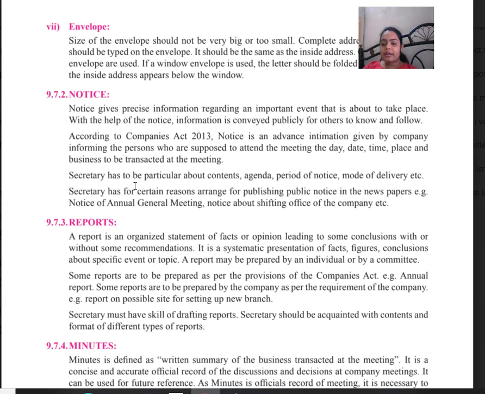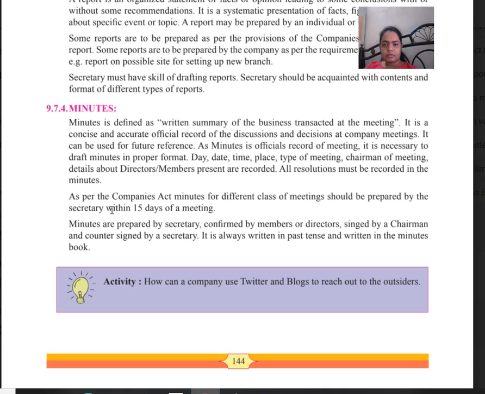The secretary, being very important in these concepts, should have proper skills of drafting letters and reports, and should be acquainted with the contents and format of the different types of reports required in the company. So this was about reports.